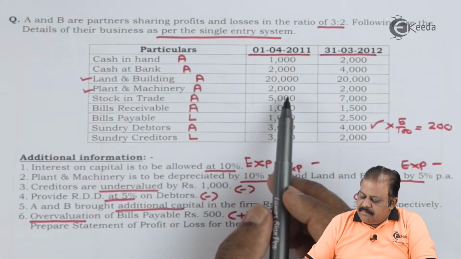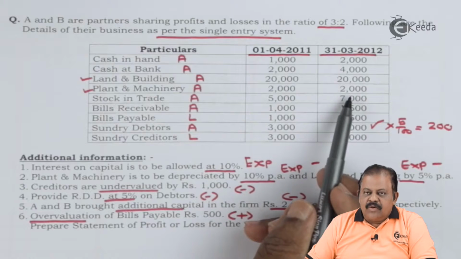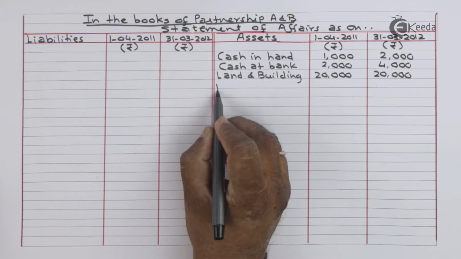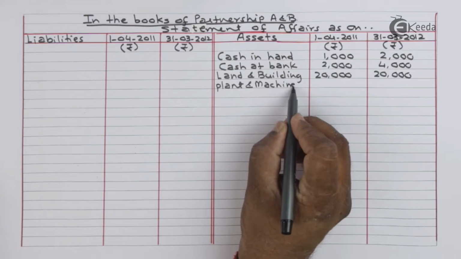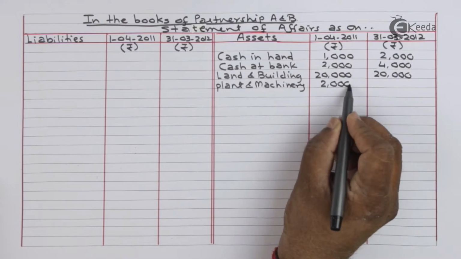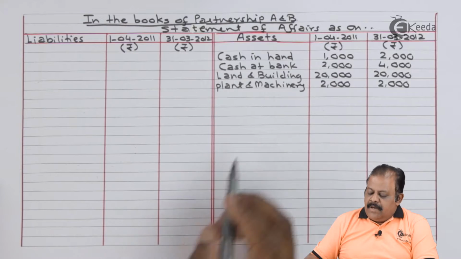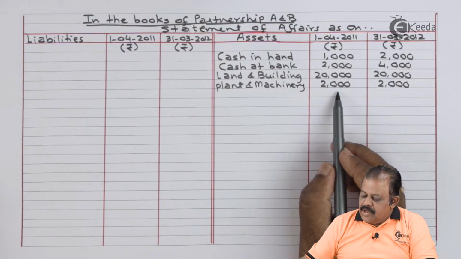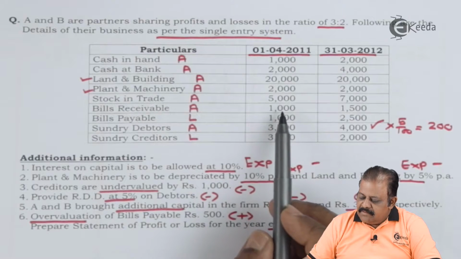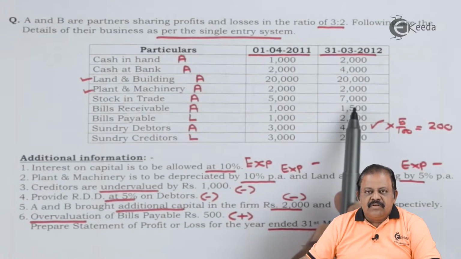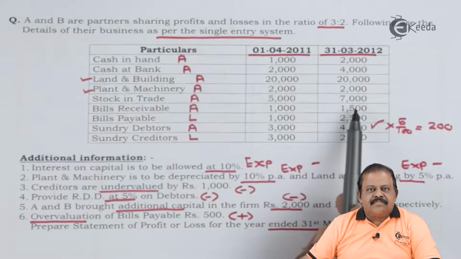Plant and machinery, opening 2,000, closing 2,000. Stock in trade, opening 5,000, closing 7,000.